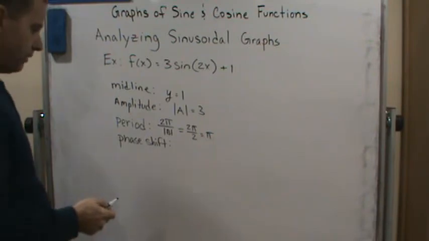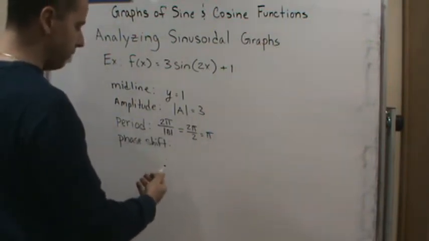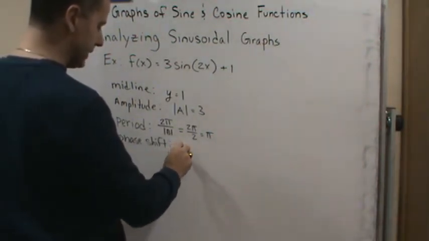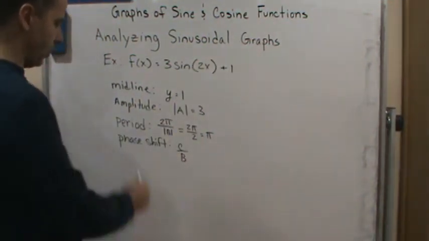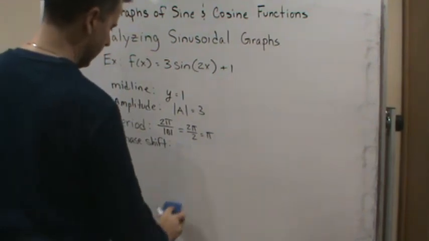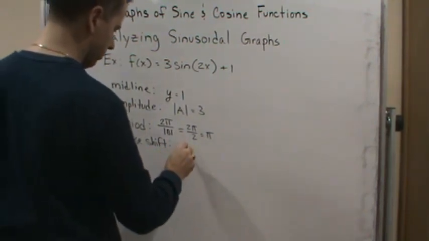But the phase shift. Now the phase shift is given by what? It's going to be c divided by b, but in this case, c is 0. So the phase shift is 0. Okay.